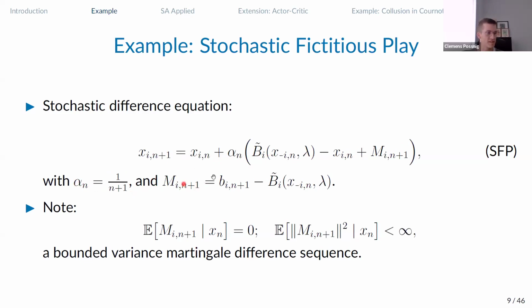And this error term is just the difference between actual realized action and the expected update. I just added and subtracted the expected update. And you can notice immediately that this error term is pretty well behaved. It has a conditional average of 0 and a conditional bounded variance, because these realized actions and the probabilities all live between 0 and 1. So the error term is very well behaved. It's a bounded variance martingale difference sequence.